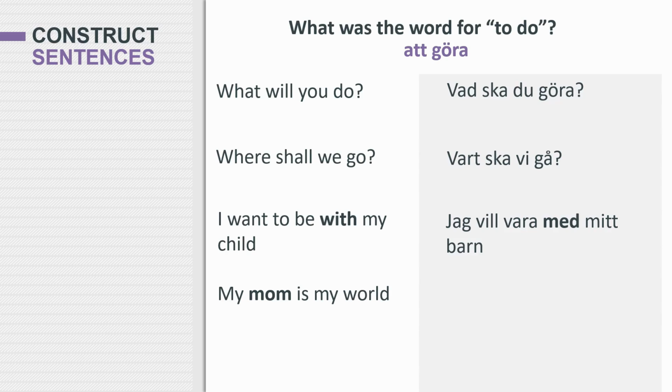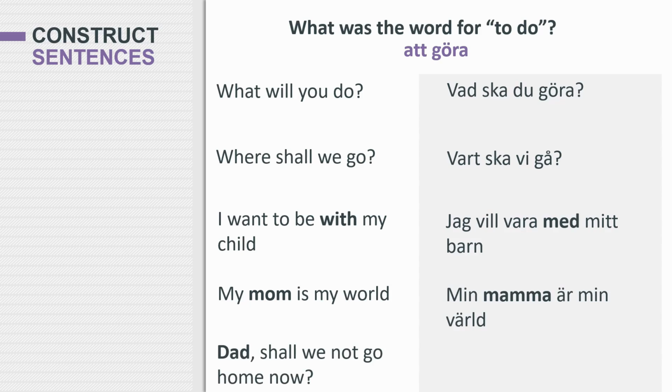Okay, so at this point, you may have said, if you could remember, to say my is min, but it could also be mitt. But in this case is min because värld is en. So if we do it all together, min mamma är min värld. My mom is my world.